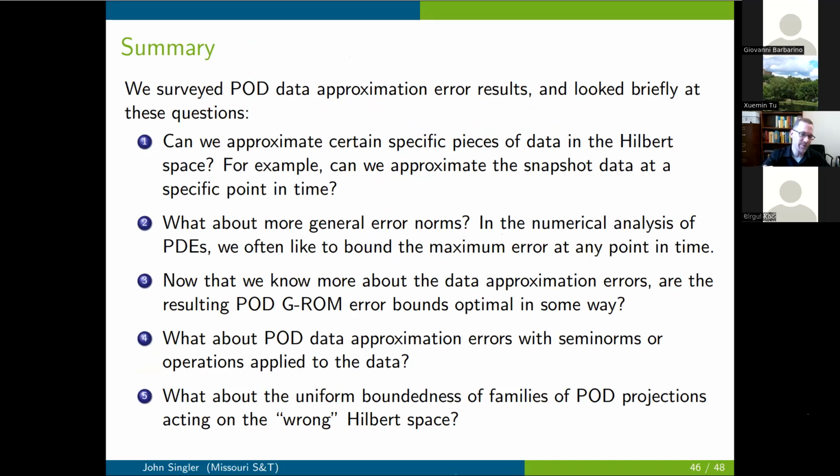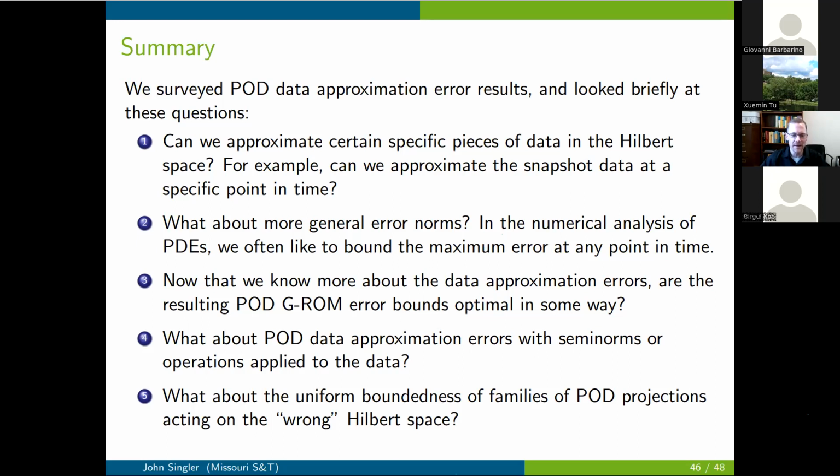So I briefly looked at five questions, and some of these I looked at only very, very briefly, right? I did not really talk about the optimality of error bounds. I mentioned a little bit more about what can we approximate. Can we approximate at a specific point in time the data, semi-norms, or operators applied?